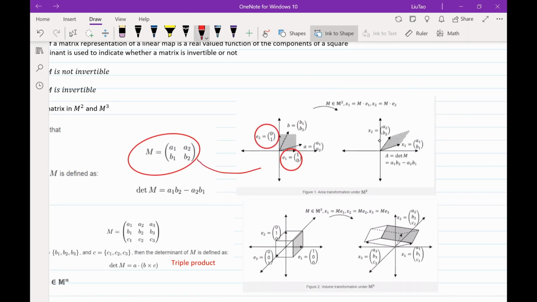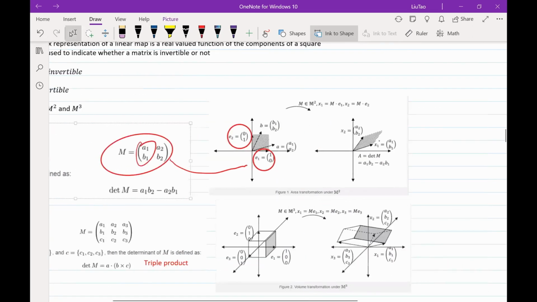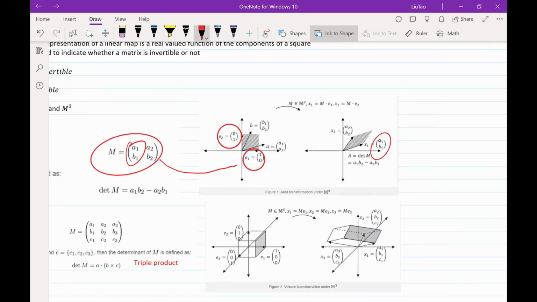After transformation, we know that M times E1 is equal to A1, B1, and after transformation of E2, we have A2, B2.